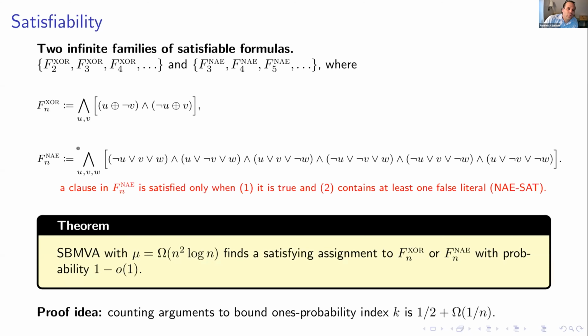So essentially, we set up a correlation between the landscape of these formulas and the TwoMax landscape, and then we can show that this holds.